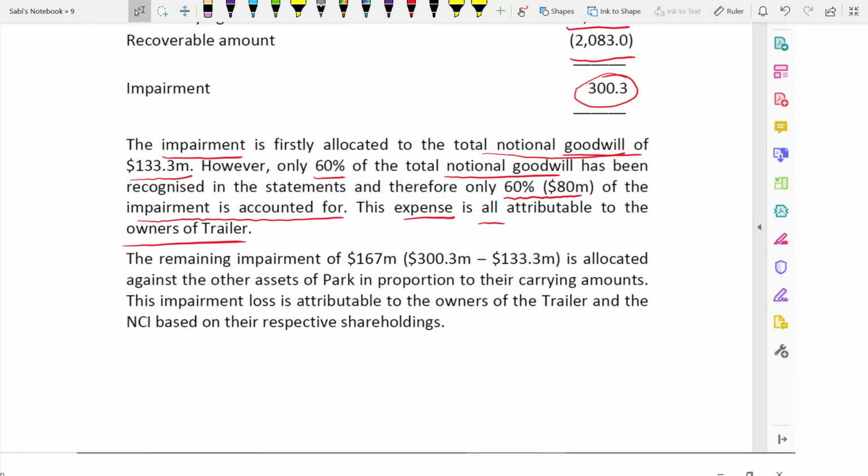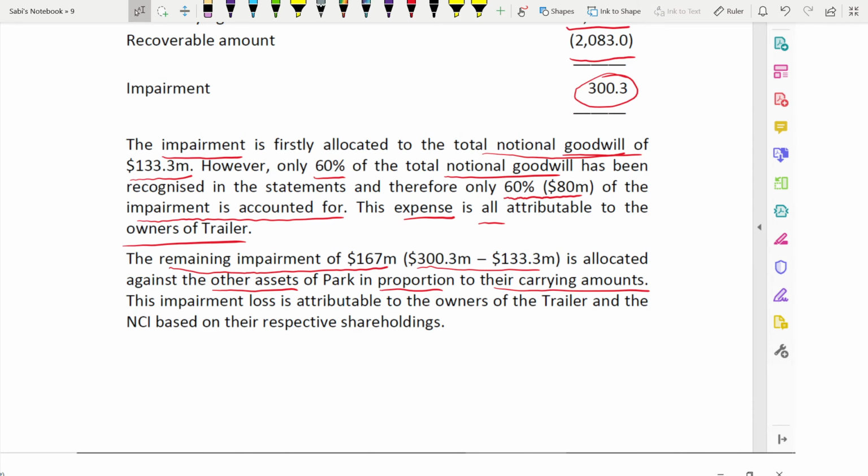Now, impairment is 300.3, but only 133.3 has been allocated against goodwill. What about the balance? The remaining impairment, this minus this, is allocated against other assets in proportion to their carrying amount. You need to write this.